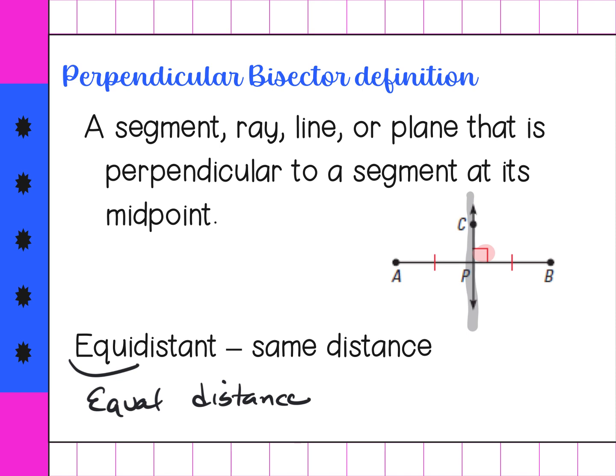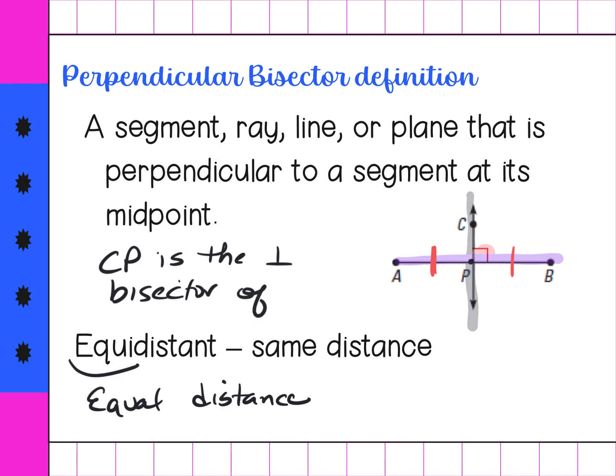And I can tell that it bisected segment AB because it split AB into two congruent pieces. It's got the congruency marks here, so point P is the midpoint of AB.